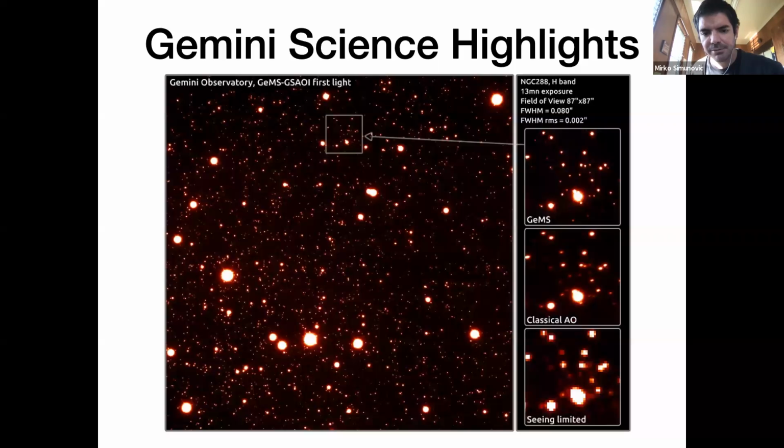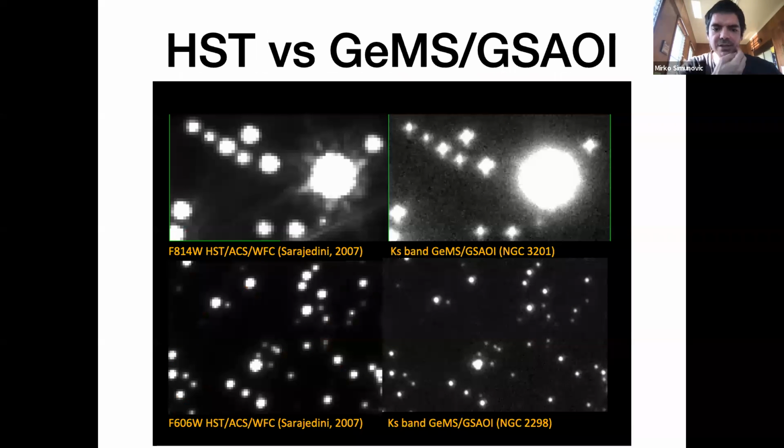And at the right, you have 3 different panels. That's just the comparison of what you can observe, for example, seeing limited at the bottom, which means no AO. Then you have classical AO and you have GeMS, which is the multi-conjugate AO. And as you see, this is actually very comparable to HST.